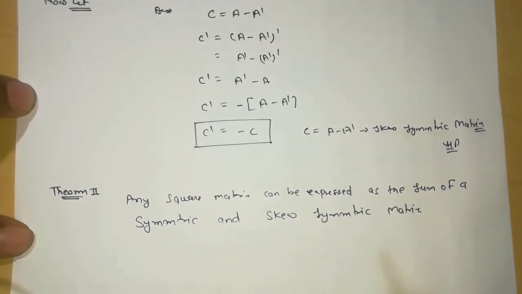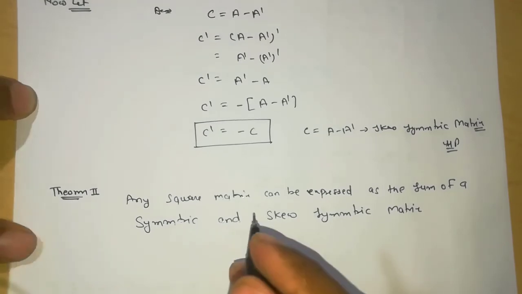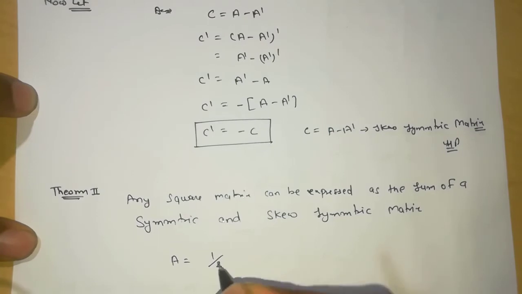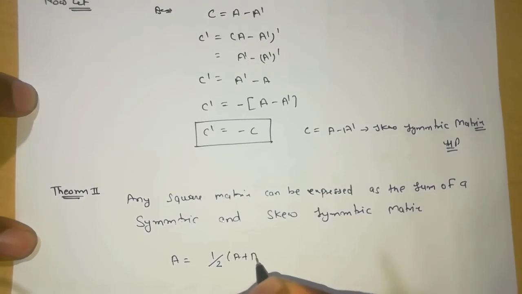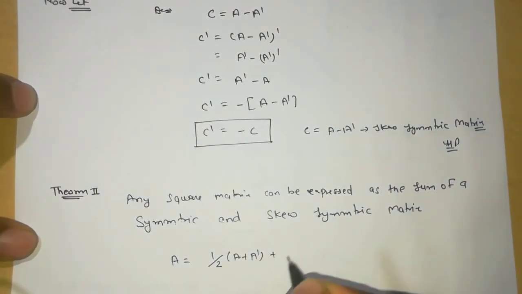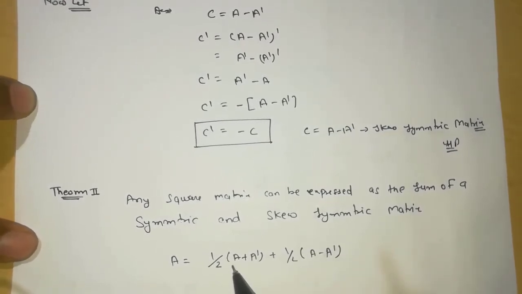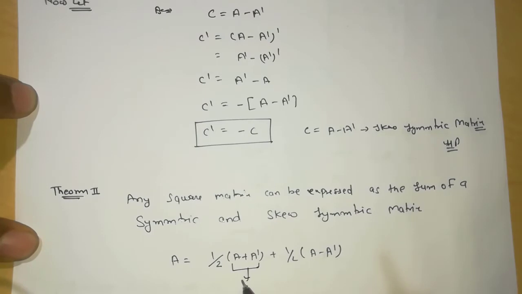Okay, it means A is equal to 1 by 2 (A plus A dash) plus 1 by 2 (A minus A dash). Here this part will be the symmetric matrix and this part will be the skew symmetric matrix.